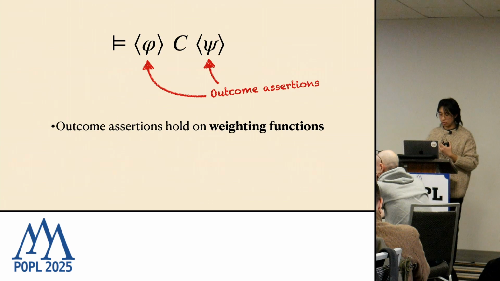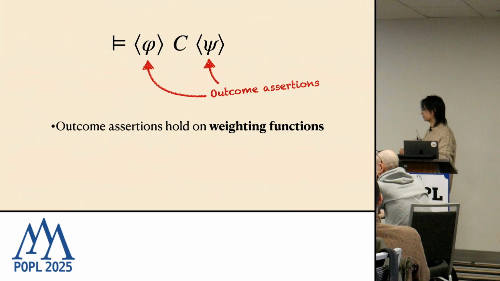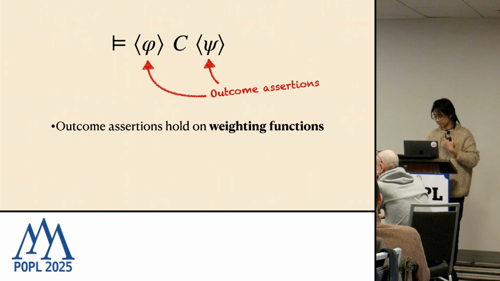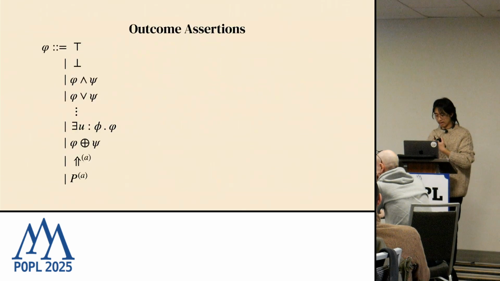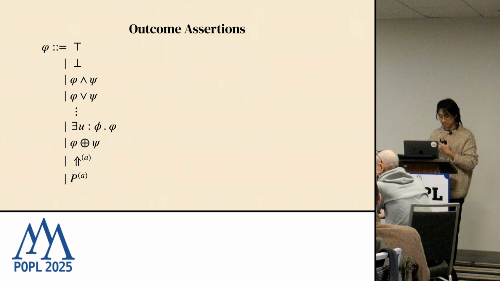Instead, they're lifted to hold on weighting functions. So for instance, if I had a probabilistic program, I would have to account for the branching effects by taking my assertions to be collections of probability distributions instead of just sets of states. And it's this lifting that affords us a lot of versatility with outcome logic.